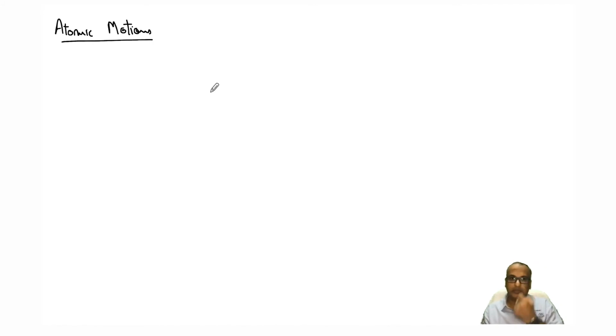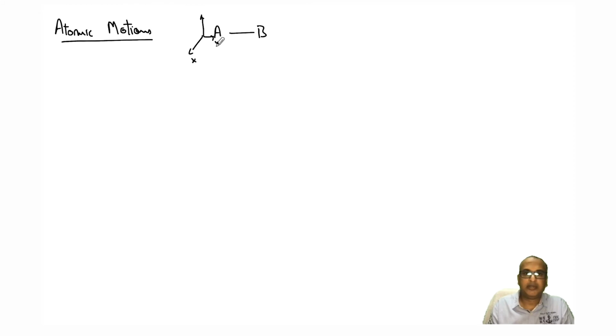The next topic that we are going to cover is atomic motions. So what are atomic motions? Let us consider a diatomic molecule AB. This particular atom A can move in any direction x, y, z, right? If this is x, y, z, it can move in the x direction, y direction, or z direction. Similarly, atom B can also move in the x, y, and z direction.